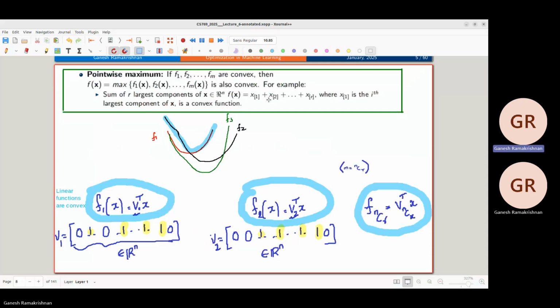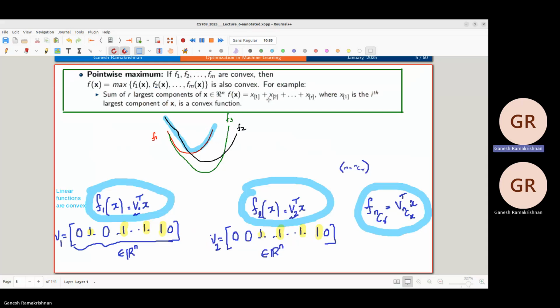So this is the sum of some r components of x, given by one such vector, over all such vectors with r ones and the rest zeros. Only r of those components should be ones, the rest should be zeros. So v1 has r of them set to 1.